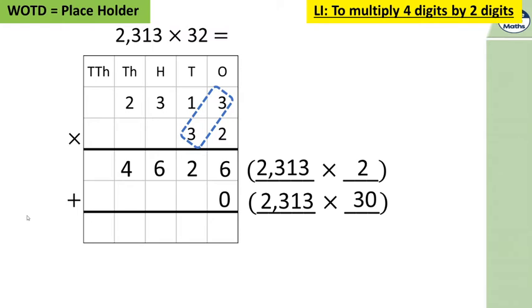I'm going to put my placeholder in so that when I do 30 times 3, I do not get 9, I get 90. So 3 times 3 is 9. 3 times 1 is 3. 3 times 3 is 9. 3 times 2 is 6.